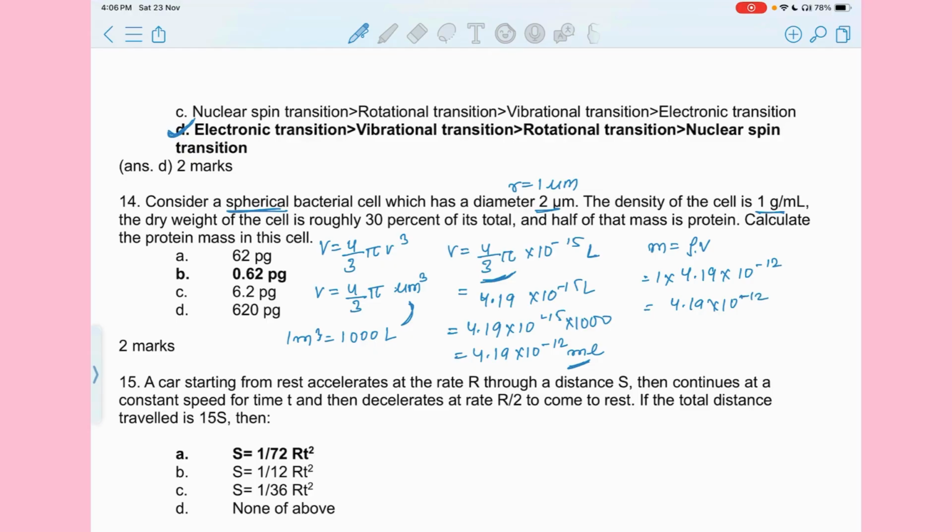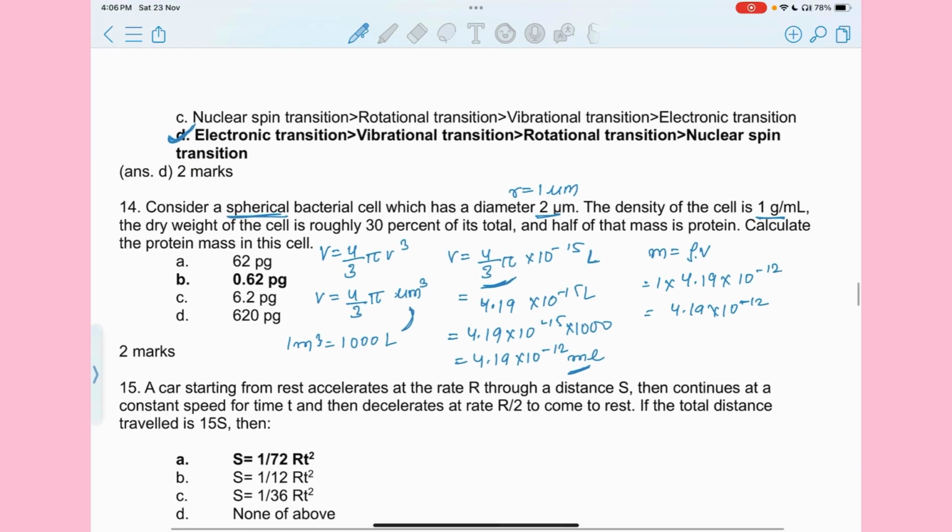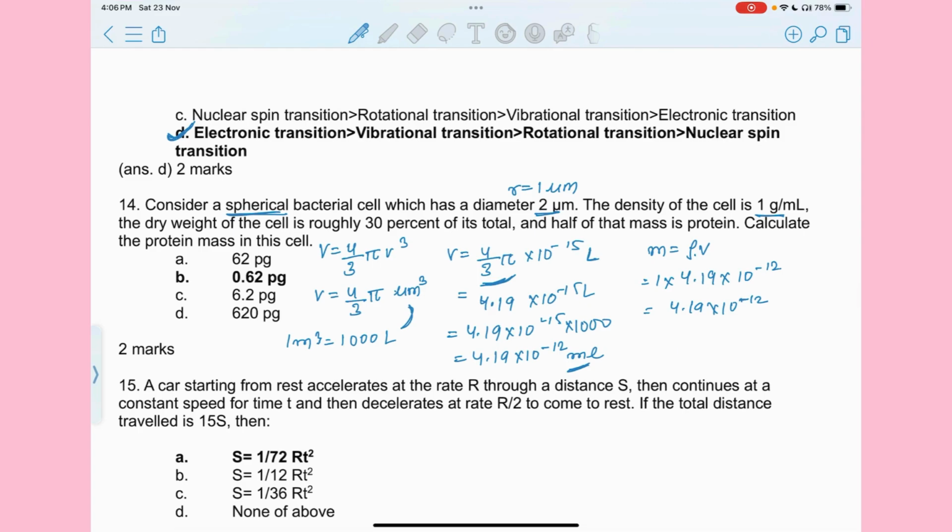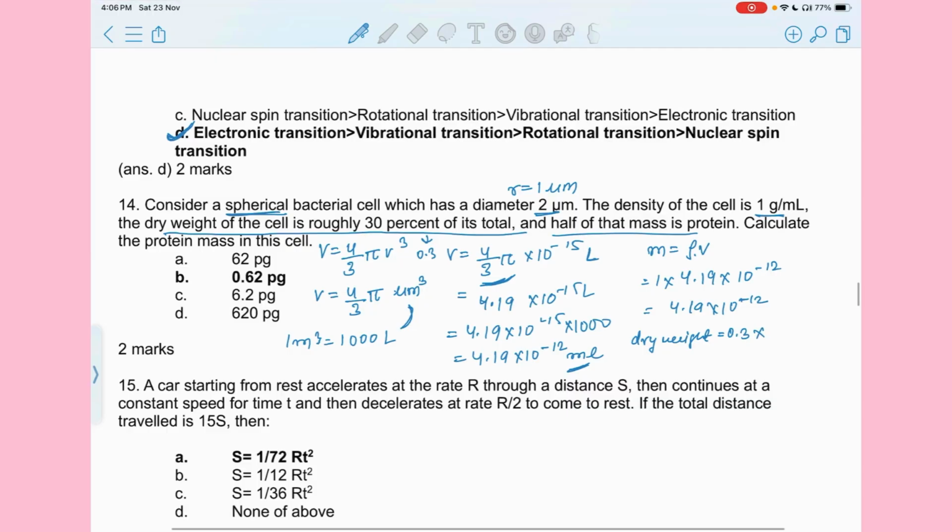Sorry for the lag in between. Now we have to find out the dry weight, which is 30%. 30% can be written as 0.3 of the total. The dry weight will become 0.3 for the half of the mass of the protein into half of the mass, so that is 4.19 into 10 to the power minus 12.